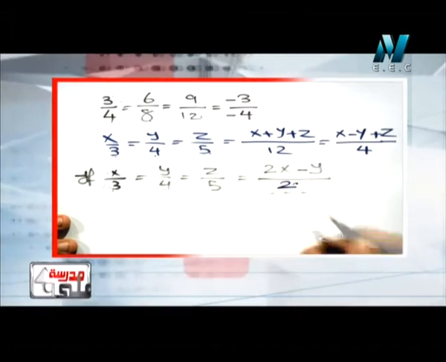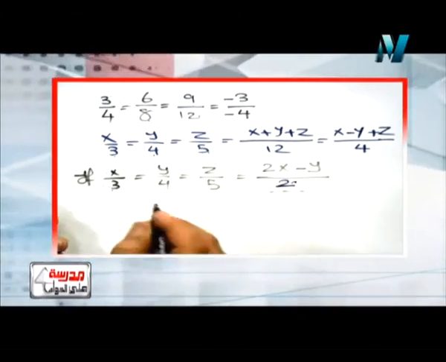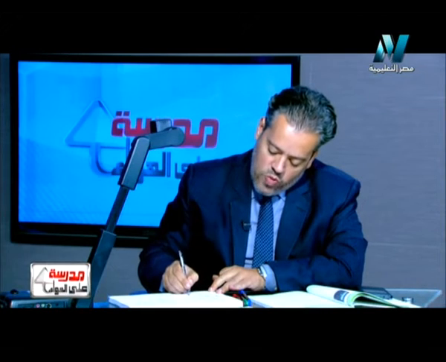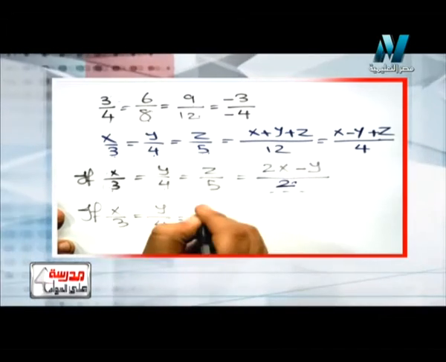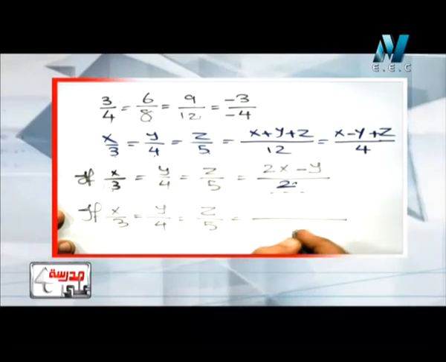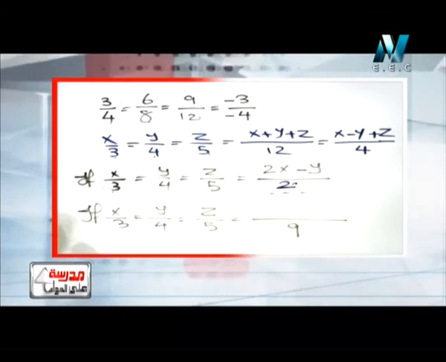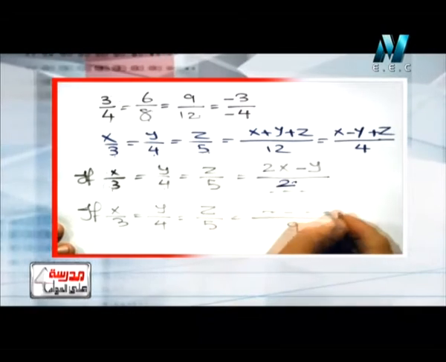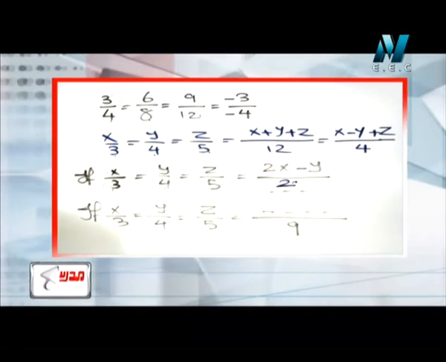2. And for another example, if we have x over 3 equals y over 4 equals z over 5 equals, down here we have, for example, 9, so what do we have in the numerator? Actually we have many answers.